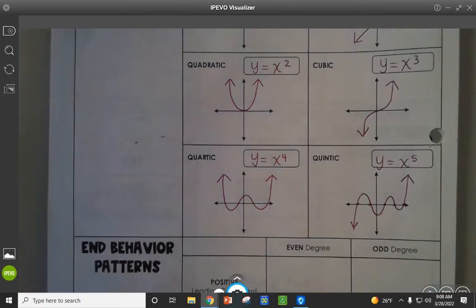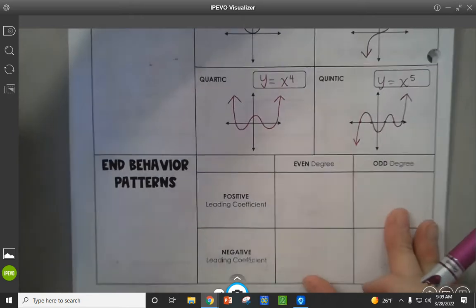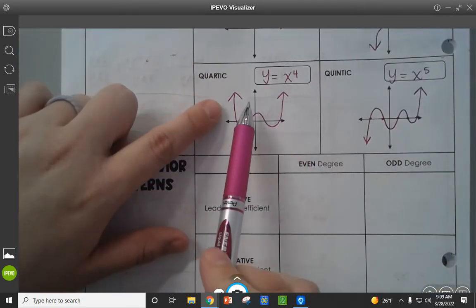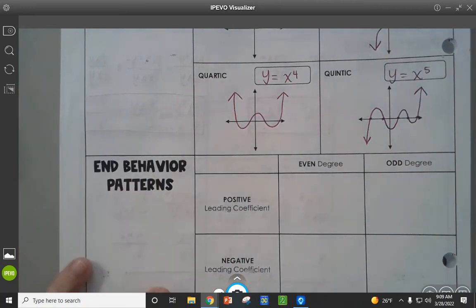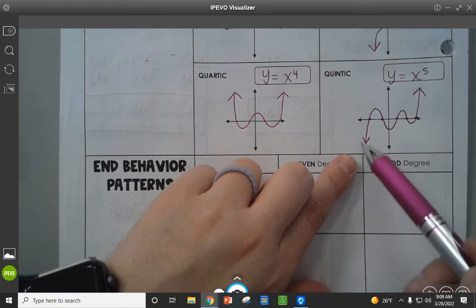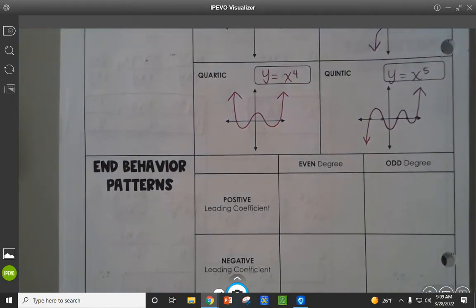So the way that the arrows point, that's what we call the end behavior. So notice here, on the quartic one, the left side, the arrows point up, and the right side, the arrows point up. Over here, the quintic, we have one that points down and one that points up. Same with the cubic. That is called our end behavior.